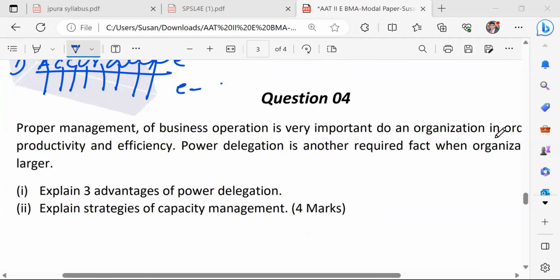Read the lesson. Right? Leadership. In leadership, we can understand about power delegation. Let me know what the lesson is correctly. I'll give you the lesson number.